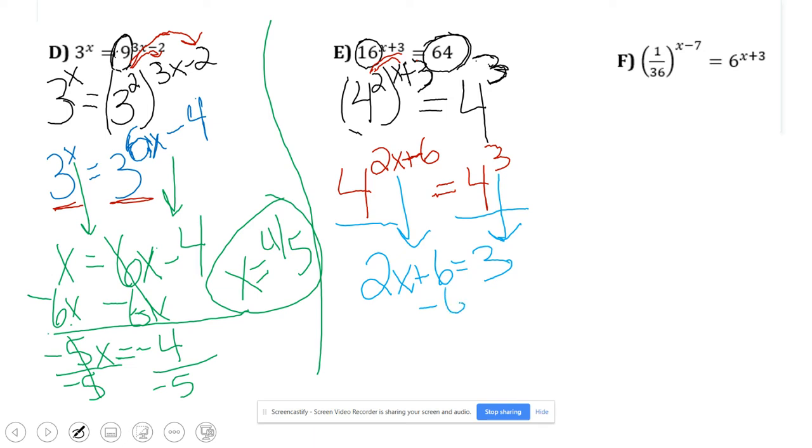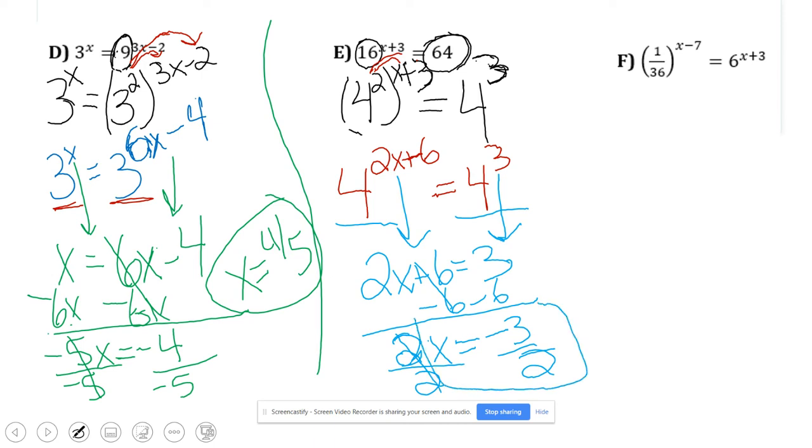Solve for x. I'm going to subtract 6 to the other side. We get 2x is equal to negative 3. Divide by 2. And x is equal to negative 3/2.